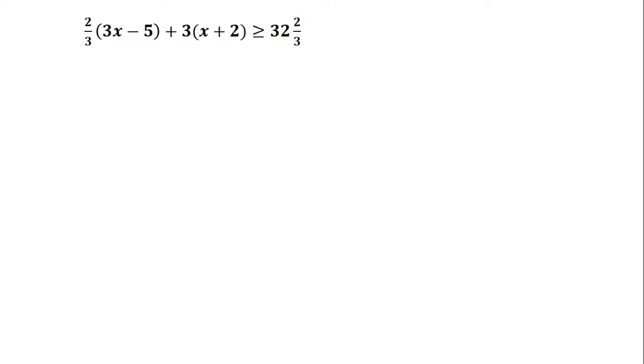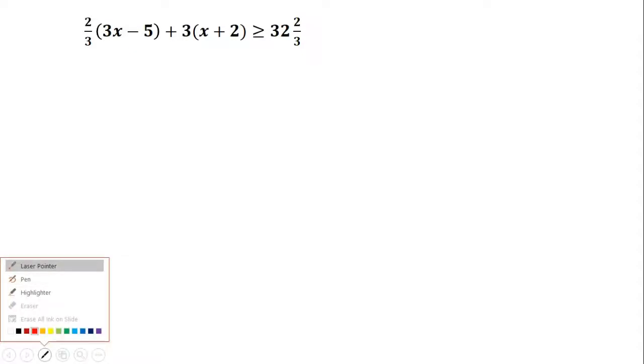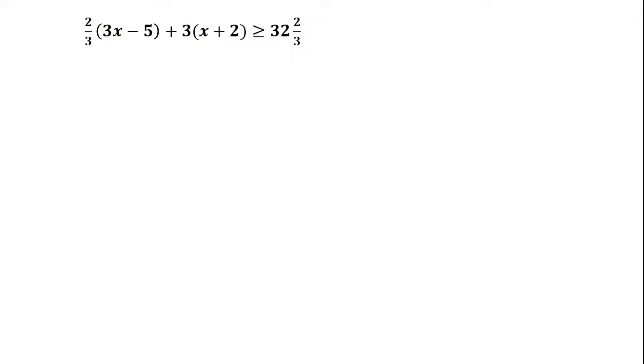As I said, whenever the inequality involves a fraction, the first thing we need to do is to identify the fractions in the inequality. So here the fractions are 2 over 3 and 32 whole number 2 over 3.